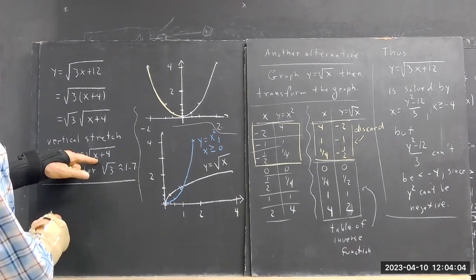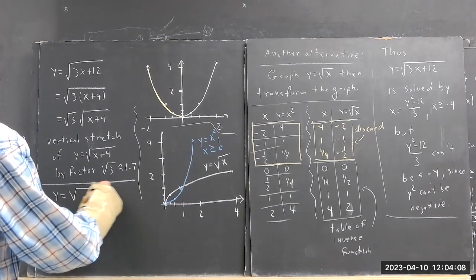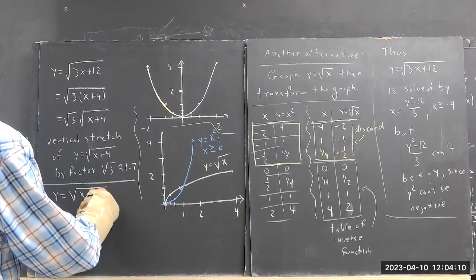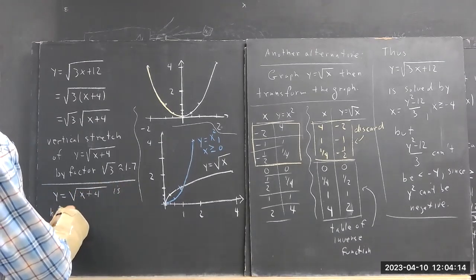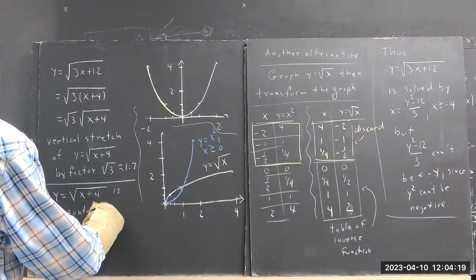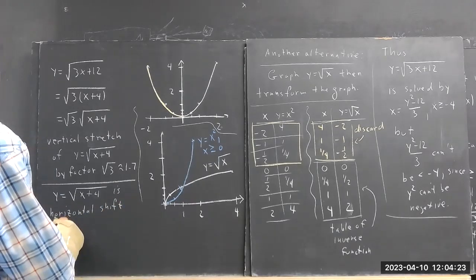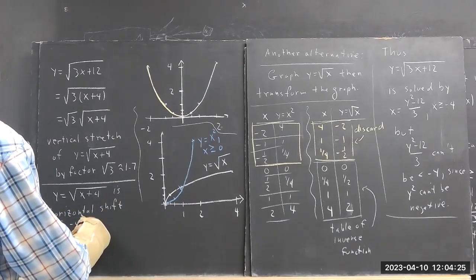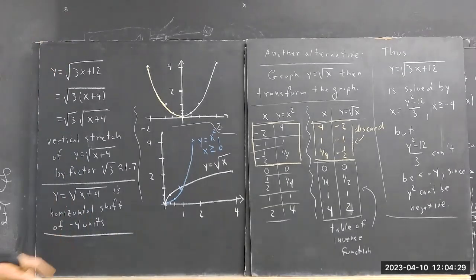Then we look at y equals the square root of x plus 4. It's a horizontal shift of -4 units.